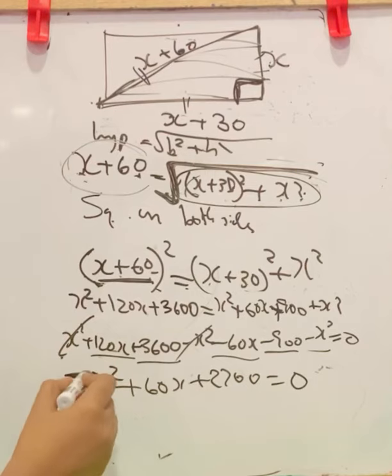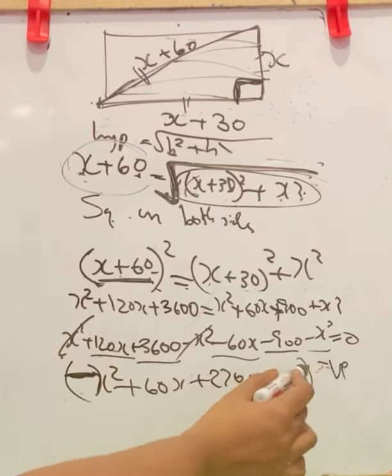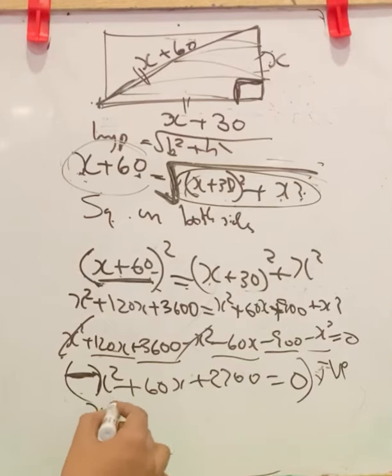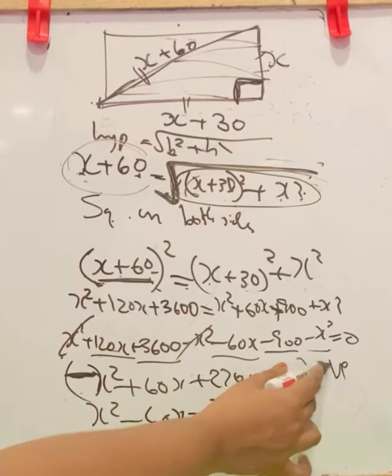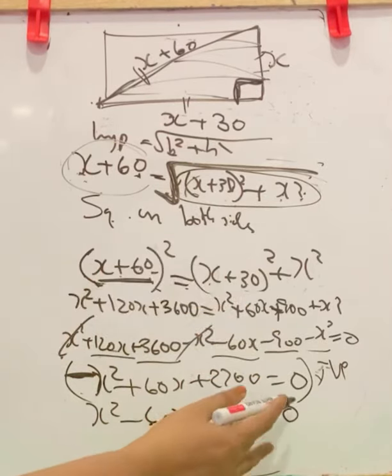Here we have a negative in the x square term. We can cancel it by multiplying with a negative. We will get x square minus 60x minus 2700 equal to, minus into 0 is again 0. 0 is neither positive nor negative, so simply write 0.